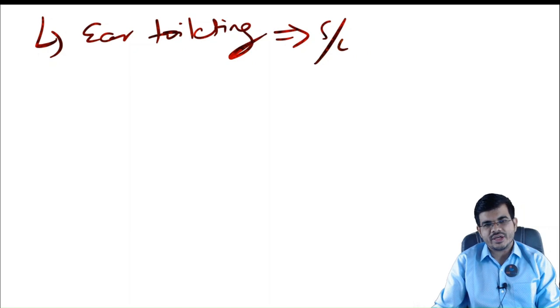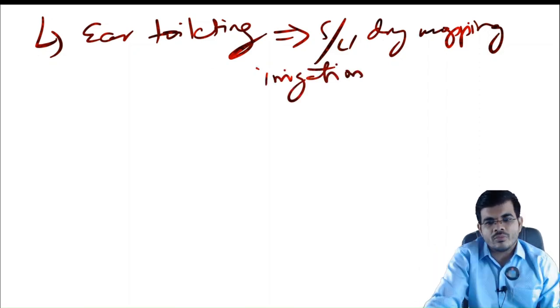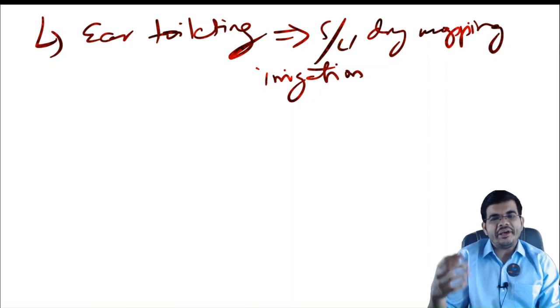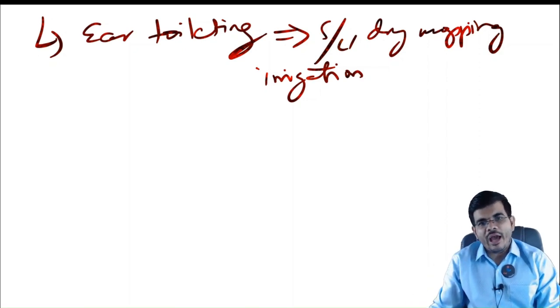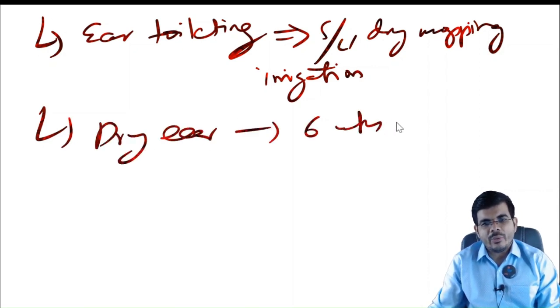Okay, suction clearance can be done, and even dry mopping may be done if the suction cleaner is not available, but ideally it should be a suction clearance, and along with that irrigation has to be done. Dry ear soon, and only after having a dry ear for 6 weeks can we contemplate on repair of the tympanic membrane or myringoplasty.